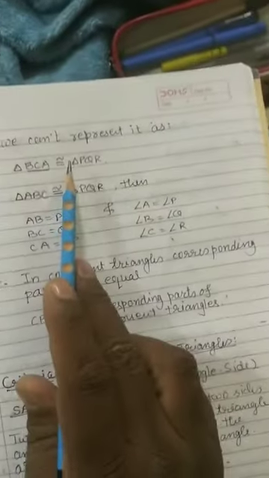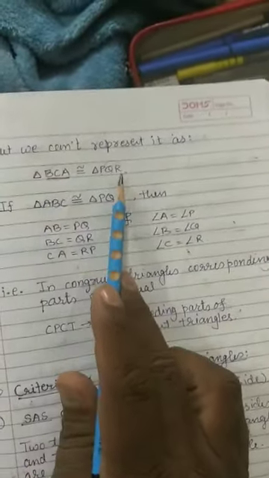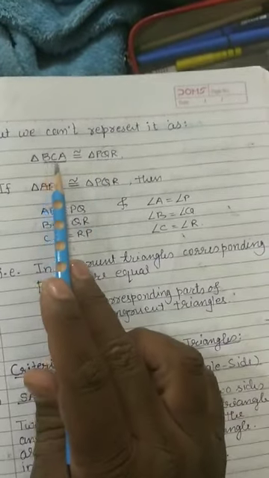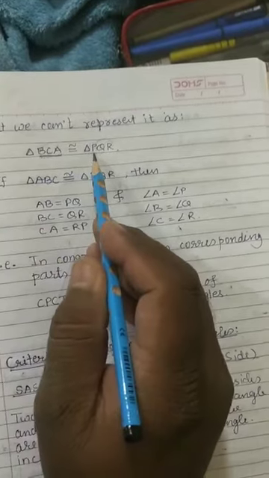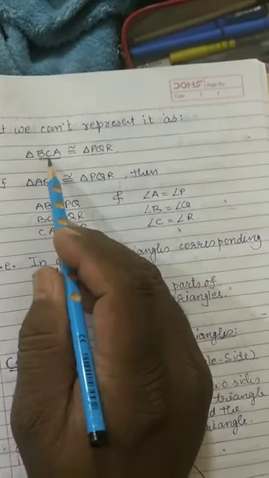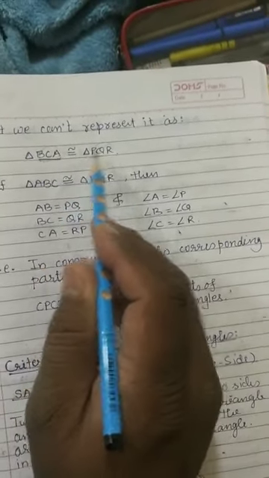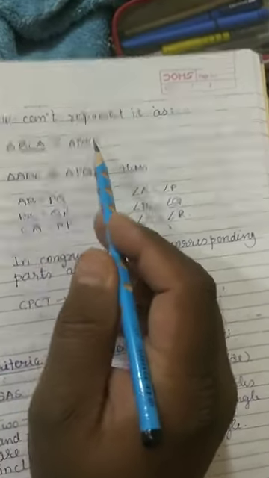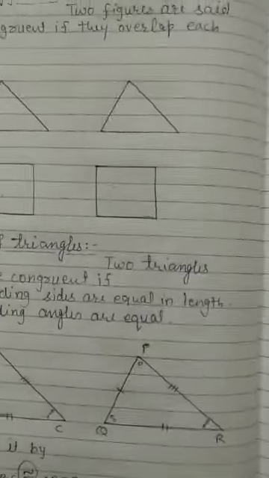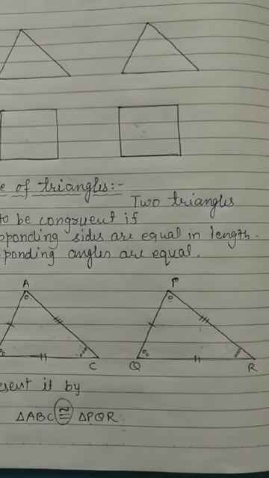So you have to keep in mind that congruency is written point to point, that is B is equal to P, C is equal to Q, A is equal to R, right? This is the meaning of this congruent relation, but here it is not given.